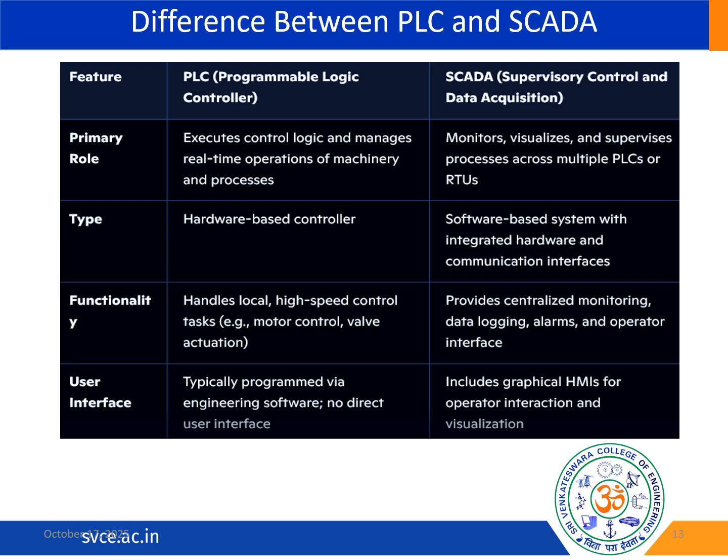Next we'll move on to user interface. Typically PLCs are programmed via engineering software, so no direct user interface is needed. In SCADA systems, it includes graphical HMIs for operator interaction and visualization.